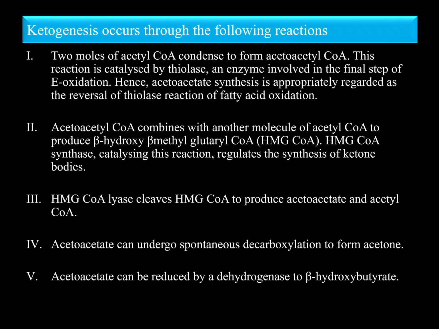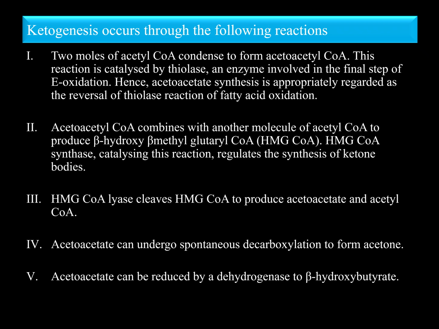This slide shows the reactions of ketogenesis frequency. In liver mitochondria, acetyl-CoA molecules combine and form intermediates like acetoacetyl-CoA and HMG-CoA, and they finally produce ketone bodies. The main ketone bodies are acetoacetate, beta-hydroxybutyrate, and acetone.